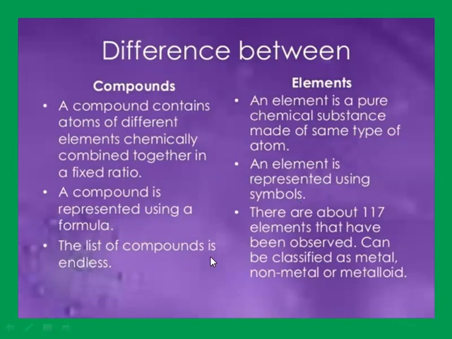The list of compounds is endless. Some exist in solid state, some in liquid state, some in gaseous state, some as acids, some as alkalis or bases, some are salts. Whereas elements are about 117, that have been observed and are classified as metals, non-metals, and metalloids.